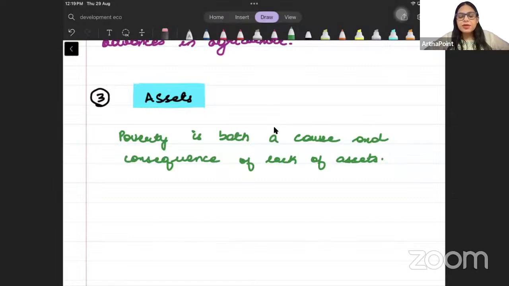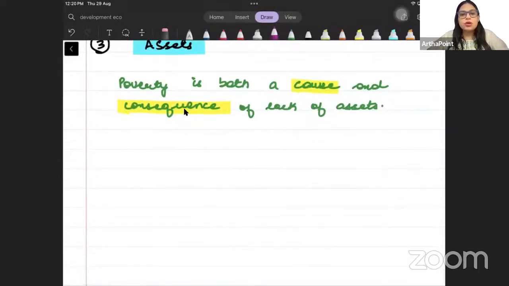Because every individual who faces poverty, whatever existing assets they have, they will sell off those assets, right? To survive, they will have to sell the assets that they have, which means that they will not have assets. Poverty is the cause of lack of assets. The existing assets also have to be sold off by people. So it is both a cause and a consequence of poverty, right?